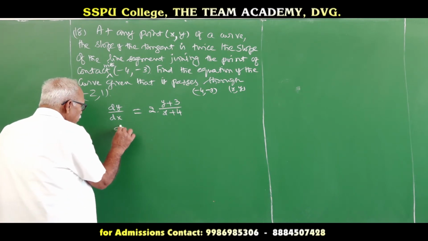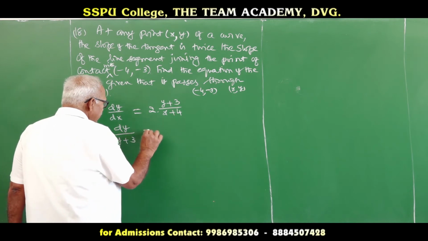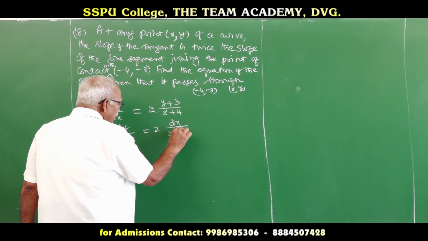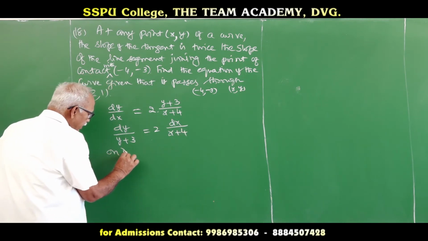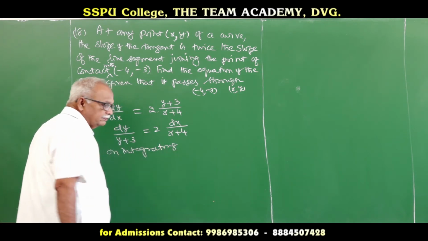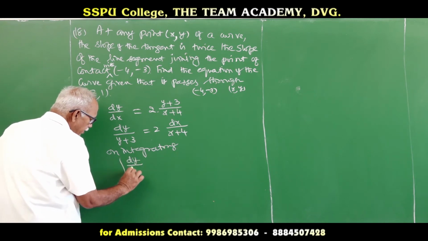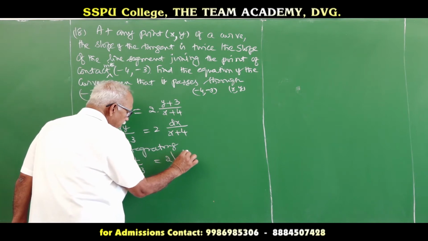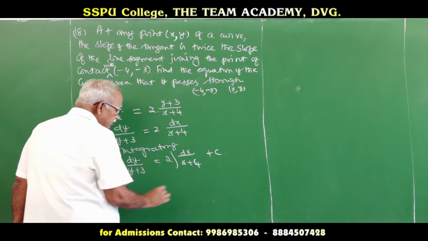What do we have to do? Separate the variables. Separating the variables, we get dy by y plus 3 is equal to 2 into dx by x plus 4. Now, next step is integrating. We get integral dy by y plus 3 is equal to 2 into integral dx by x plus 4 plus c.